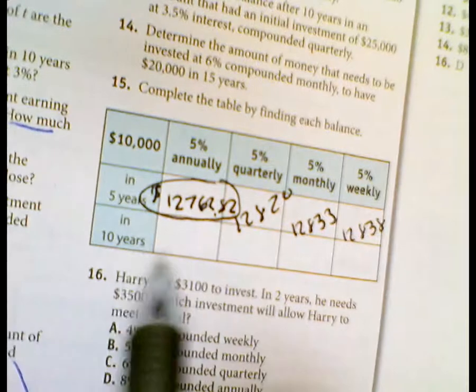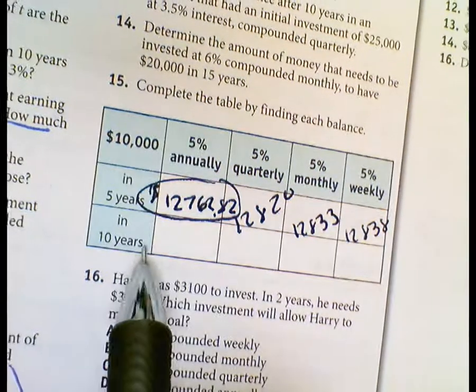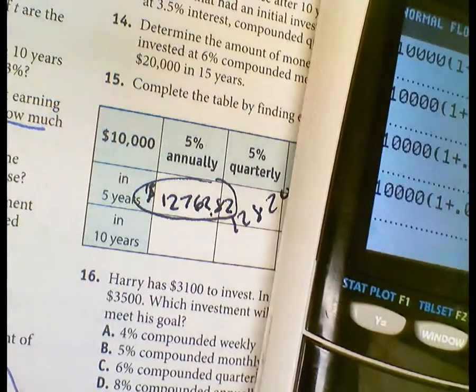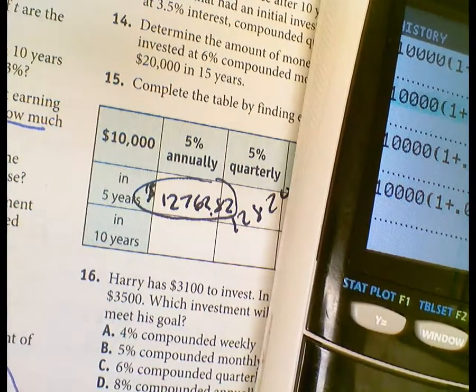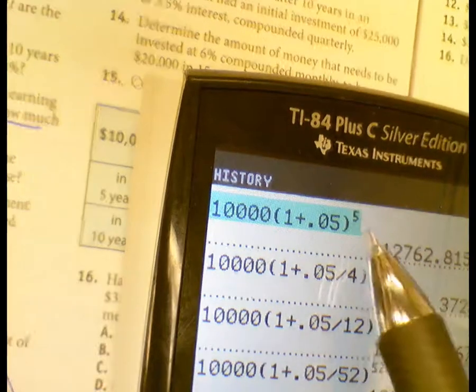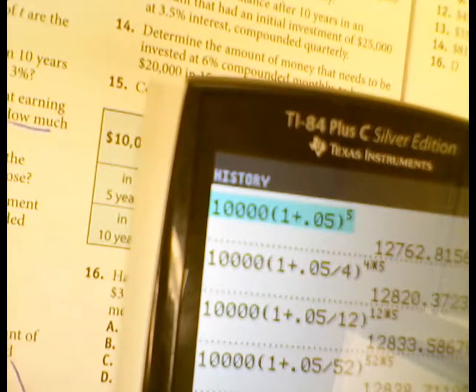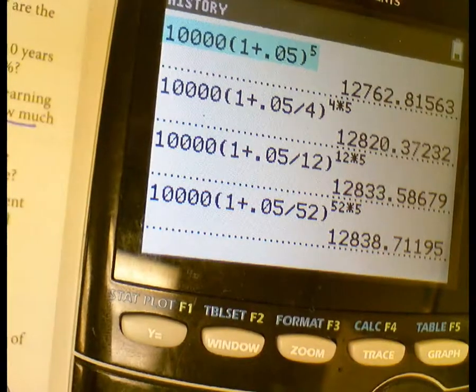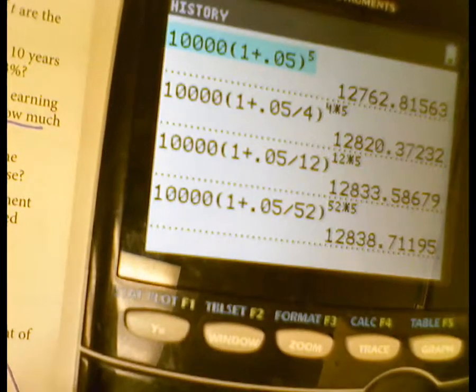So now this next part is 10 years. So how does all this change? I'm going to go back up to my work here, to this one right here. See how this one was 10 years? Everything's the same except it's 10 years. So I'm going to highlight it and press second enter. Did that work? I don't think that worked.